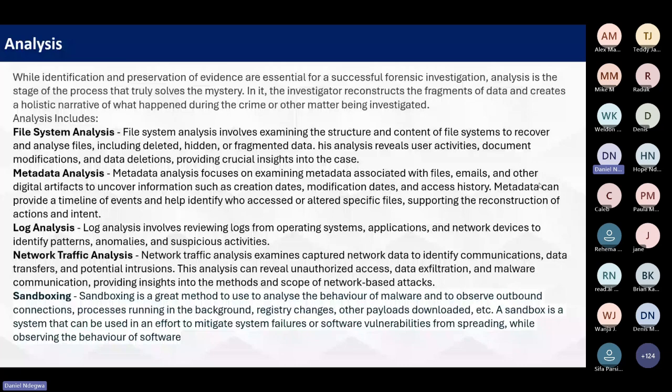So it's very important to conduct malware analysis in a closed environment, so that in case any exploit is attempted by the malware, you and your environment are secure. So analysis is a very, very important step in being able to conduct a forensic investigation.